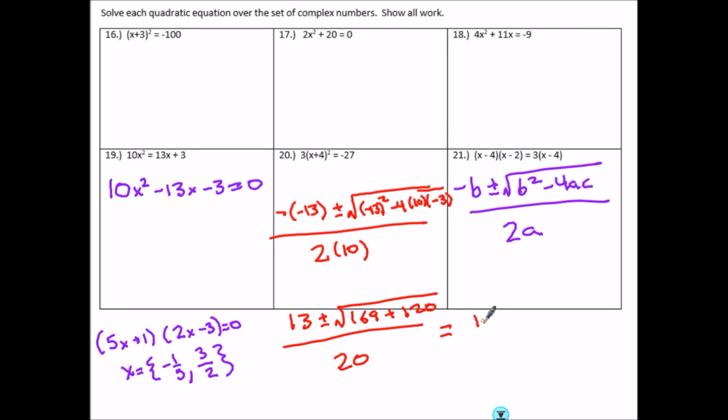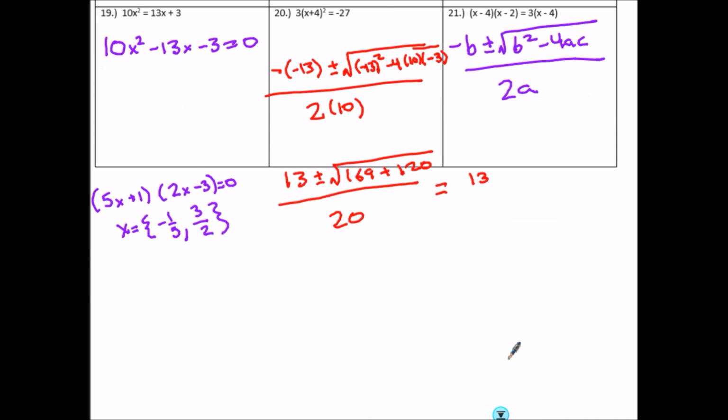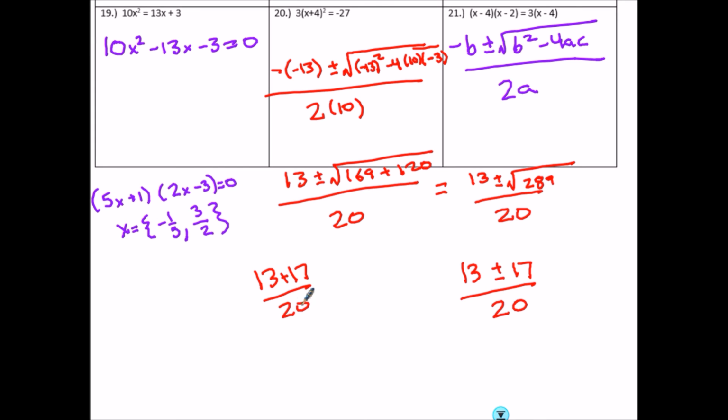Which means we're working with 13 plus or minus the square root of 289 over 20, and the square root of 289 is 17. At this point we have two expressions, 13 + 17 over 20 and 13 - 17 over 20.